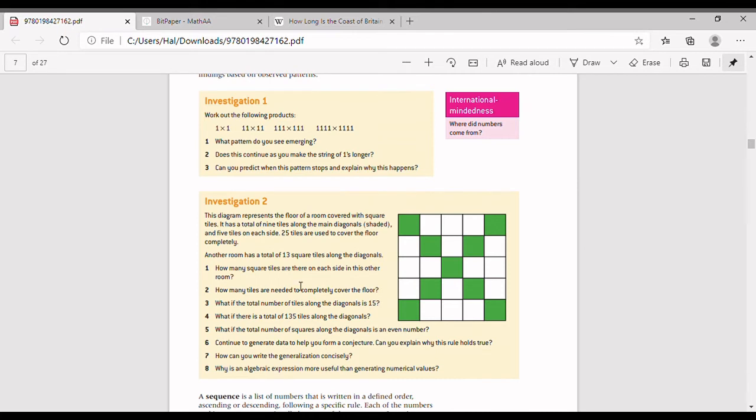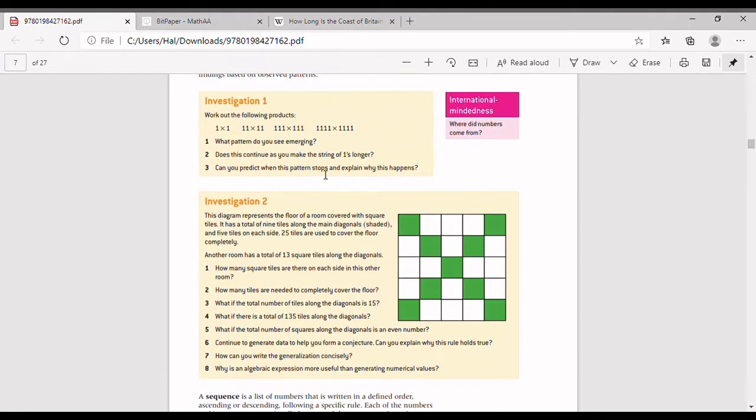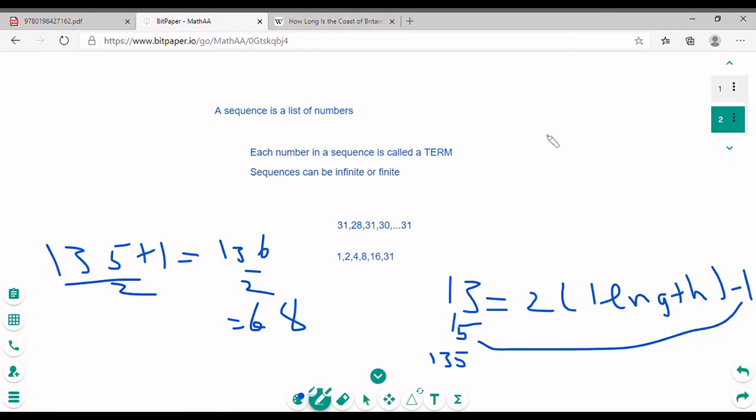What if it's an even number? Think about it. Can it be an even number? No, it can't be an even number. But if you notice, this gives us 2 sequences of numbers that are associated to each other. You can have the sequence of diagonals, so it's 1, 3, 5, 7, 9.